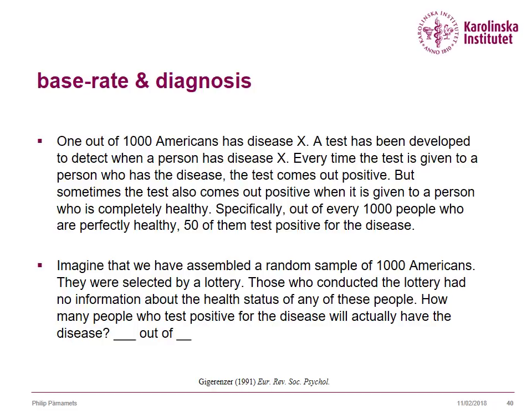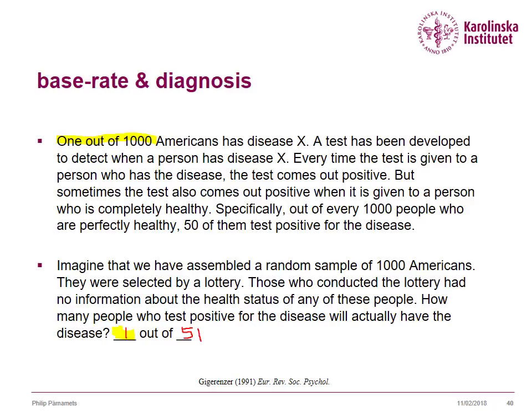So hopefully you found this easier to reason about, and hopefully you reach the conclusion that the answer is 1 out of 51. So why 1 out of 51? We get the information that 1 out of 1,000 Americans has the disease. So we know that one person will have the disease if we test 1,000, and it's a random sample.